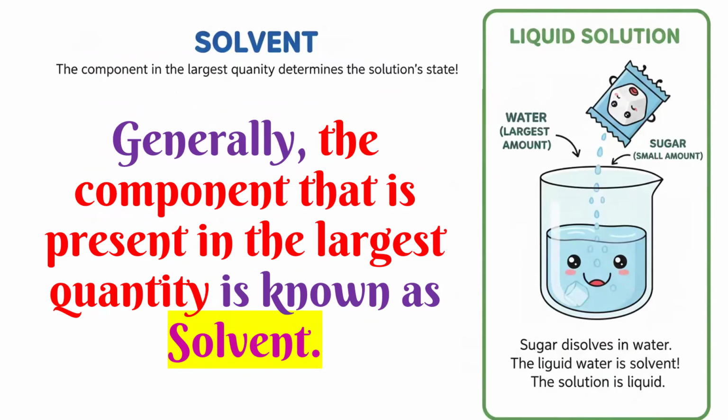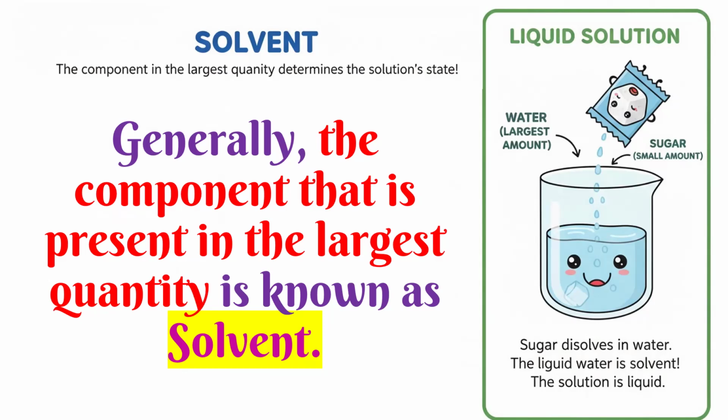Next is the solvent. What is a solvent? Generally, the component that is present in the largest quantity is known as the solvent. In the case of the sugar solution, we are not taking sugar and water in equal amounts. Water will be more. The sugar dissolves in water, and here water is the component present in the largest quantity, so we call water the solvent.